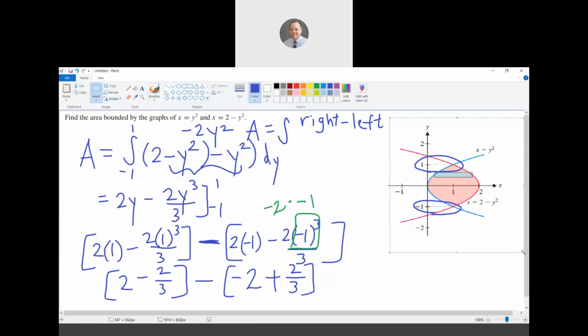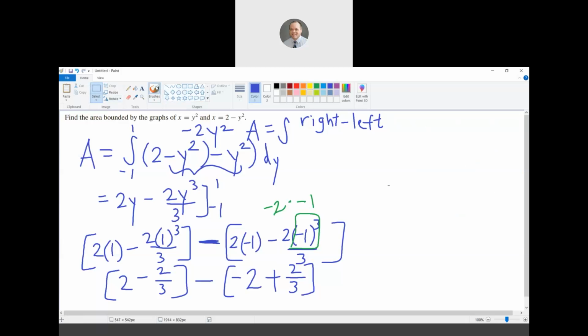Now we need to distribute that negative sign times everything in the second pair of brackets. So I'm bringing down the first part without the brackets. And the second part, this will be a positive 2, and this will be -2/3.